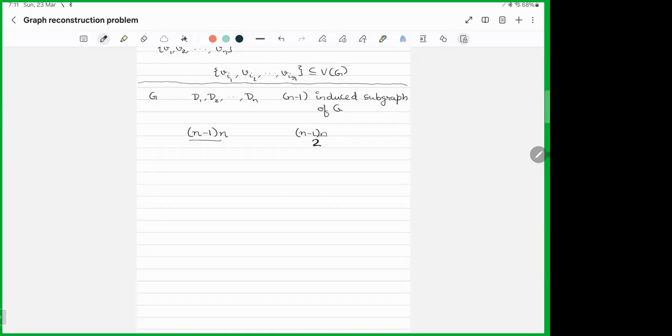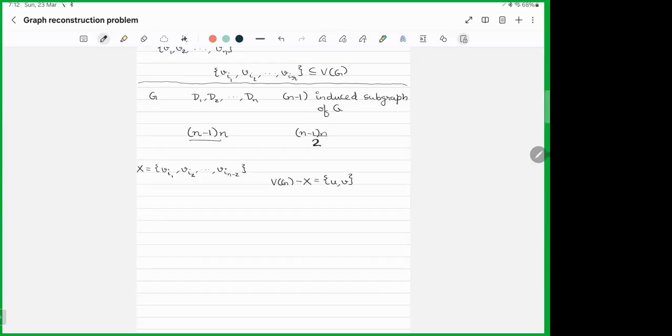And what Bharat suggested was, let's see how many times we are counting this graph. Vi1, Vi2, dot, Vi n minus 2, since there are n minus 2 vertices. Let's say this is my set, x. If I look at Vg minus x, then there will be two vertices, let's say they are u and v.